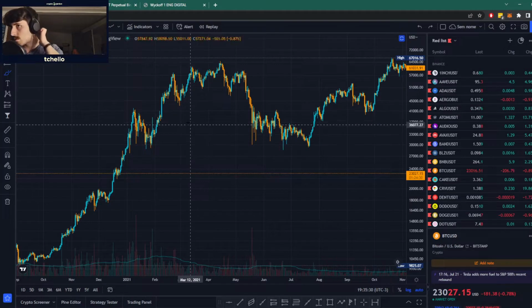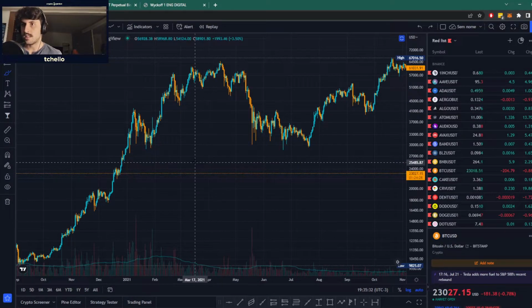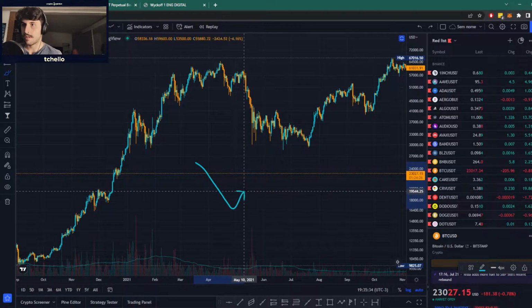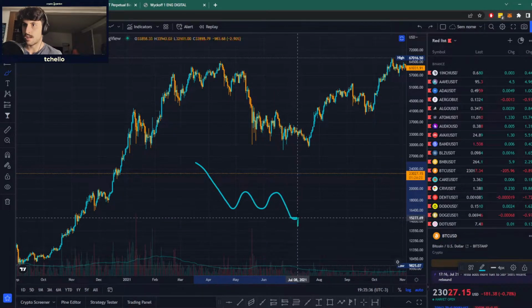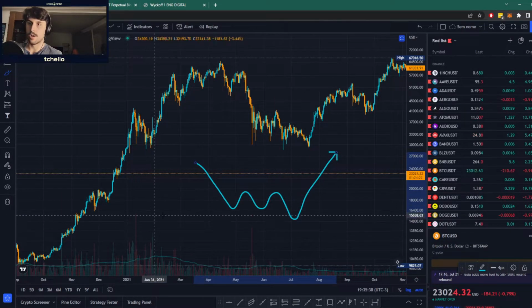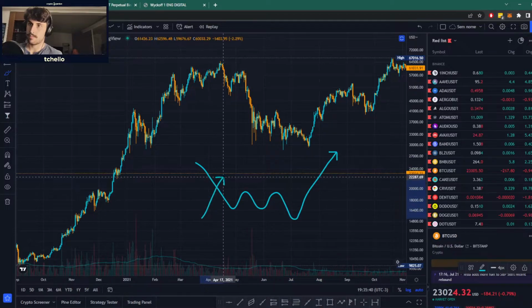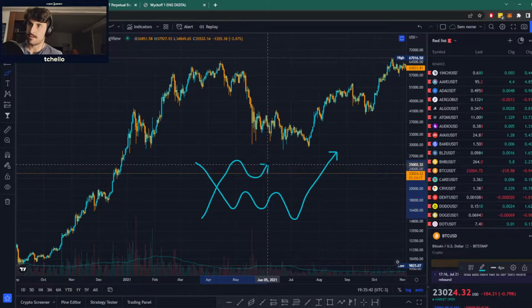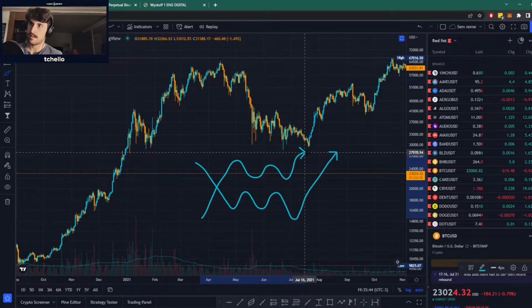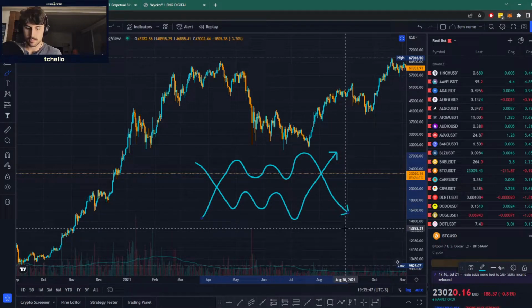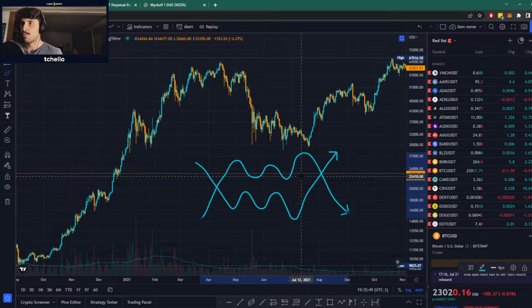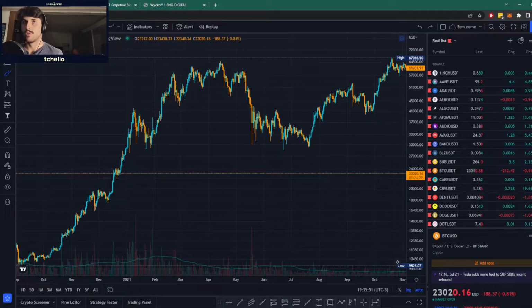What you most commonly see is it going down, then stopping, shaking out everyone, and then finally going up, or the reverse. So it goes up, shakes out everybody, does a final test, and then dumps. This is what you'll most likely see.